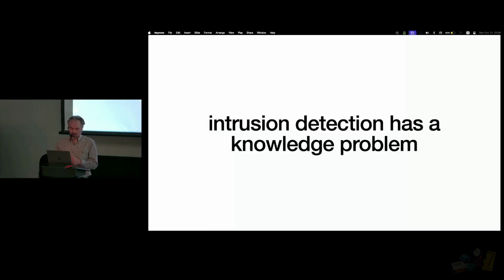One of the problems that we have is that intrusion detection is a knowledge problem. You don't know when that computer isn't doing what you think it should be doing. That's very difficult to work around, and it's one reason that you want multiple parties and multiple machines.